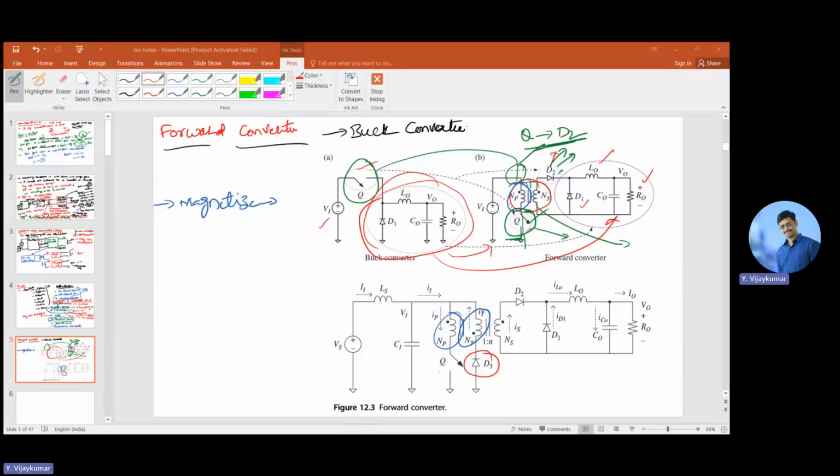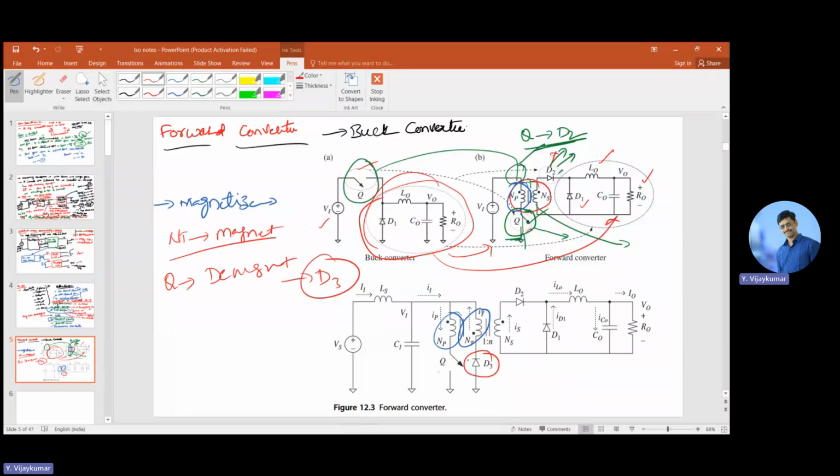What I mean to say is that the purpose of this winding, NT, is to magnetize the transformer when the switch is conducting. When the switch Q is not conducting, the transformer winding must be demagnetized, and this is done by the diode D3, to avoid saturation.